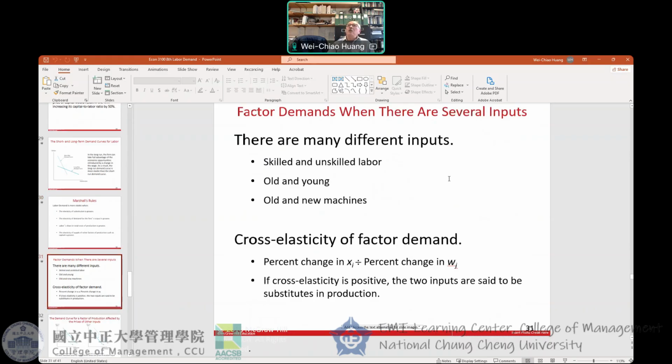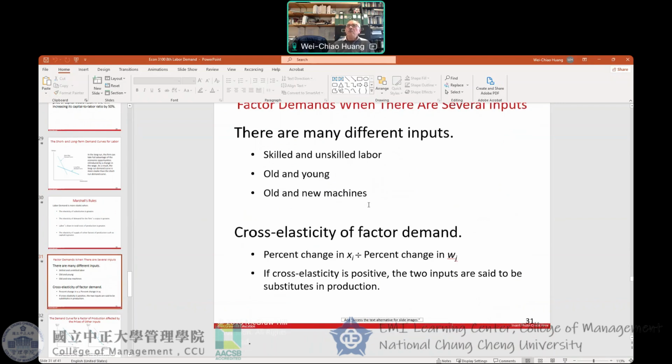And then the next extension is that we have been talking about two inputs, labor and capital. This time we consider the factor demands when there are several inputs, more than these two inputs. We can talk about different inputs like skilled, unskilled labor, old and young labor, old and new machines, capital, and so on and so forth.